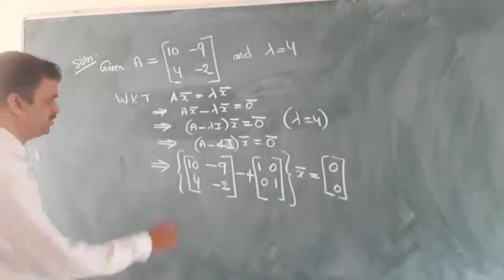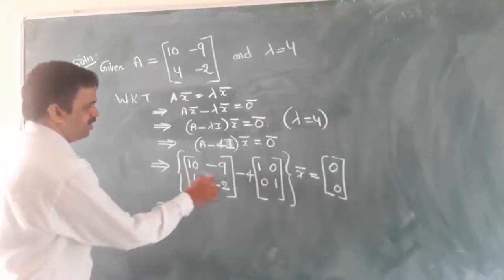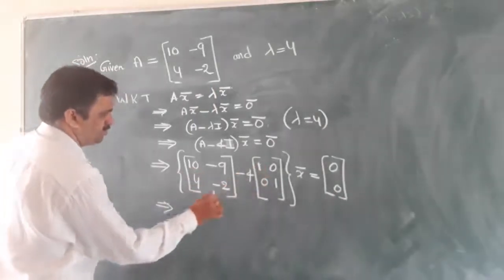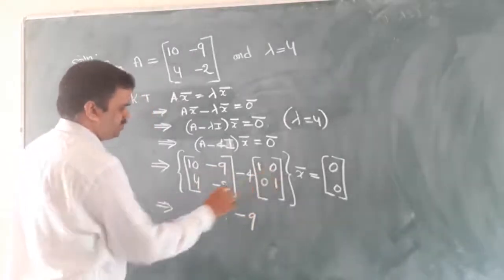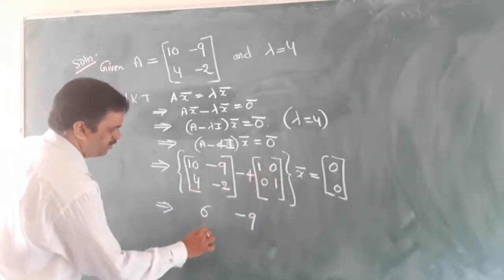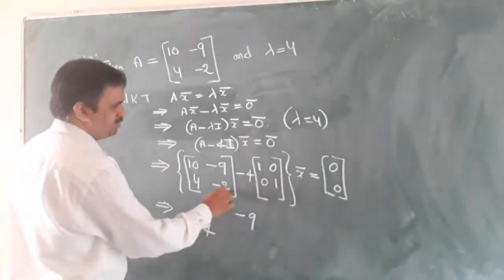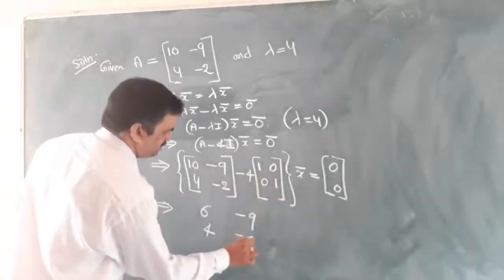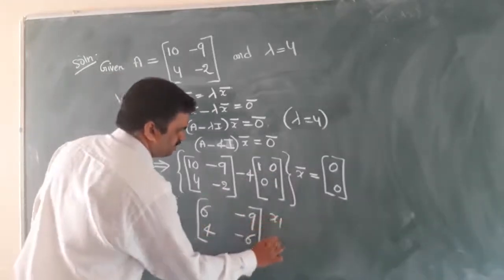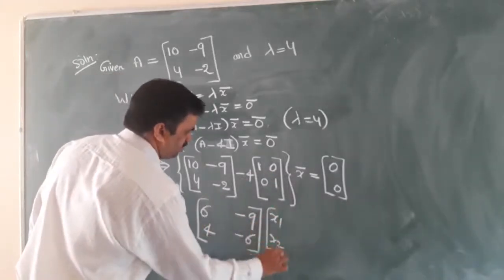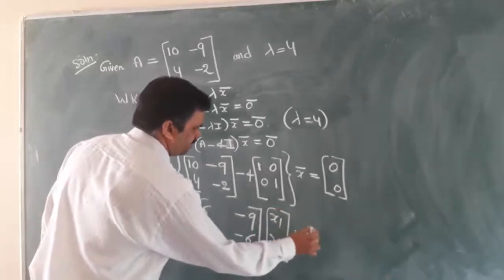Come on, simplify it: [10-4, -9-0; 4-0, -2-4] which is [6 -9; 4 -6], times x1, x2 equal to 0, 0.